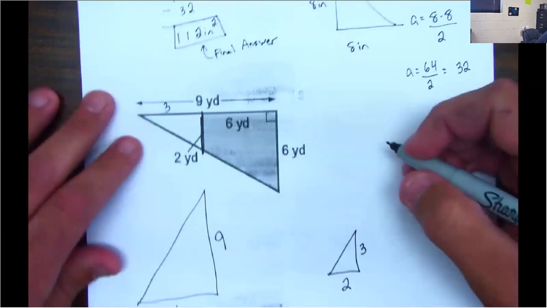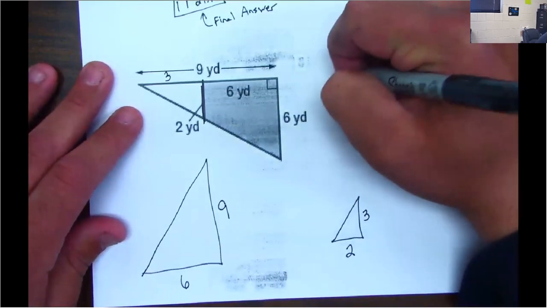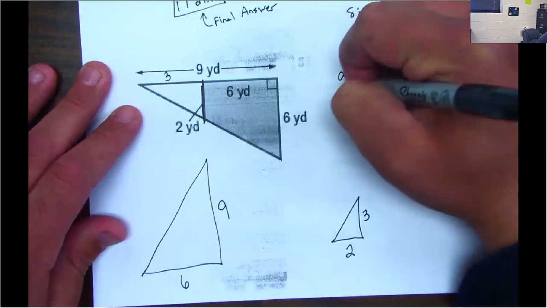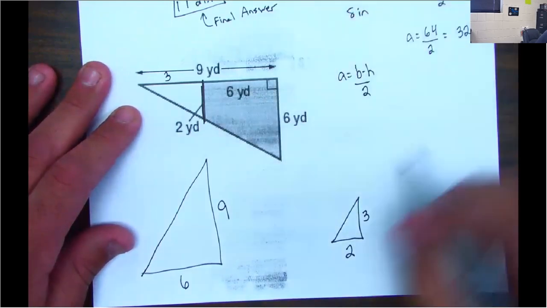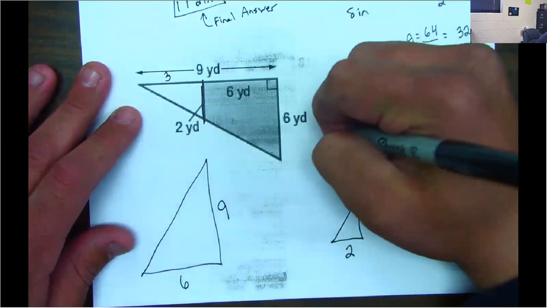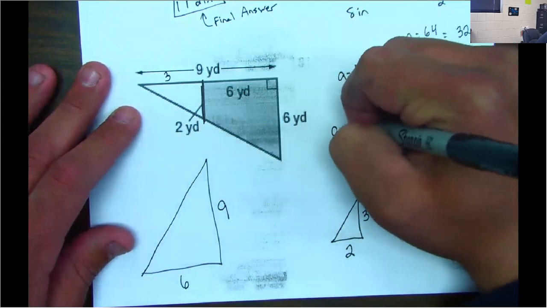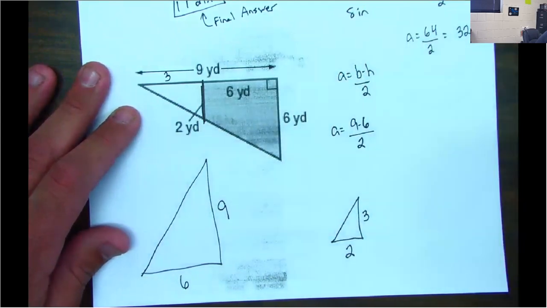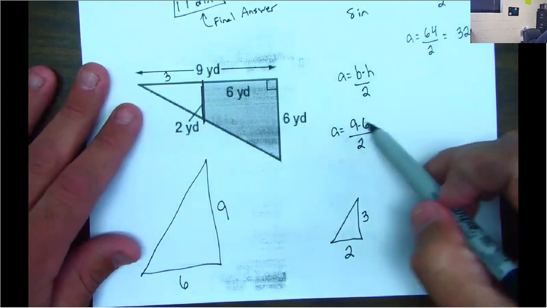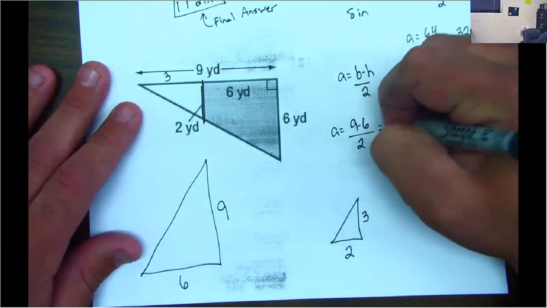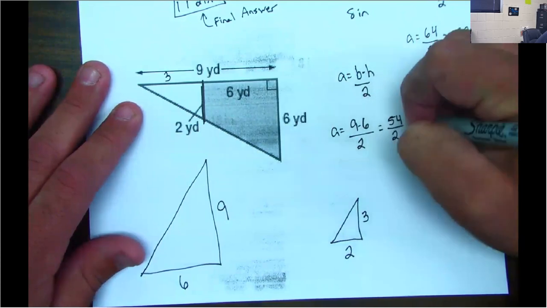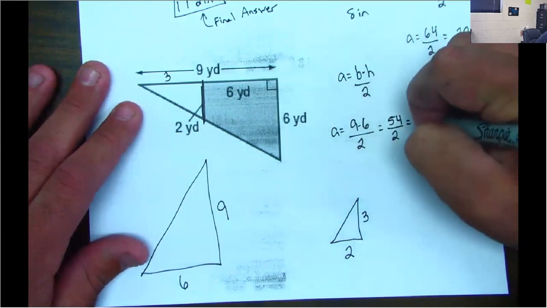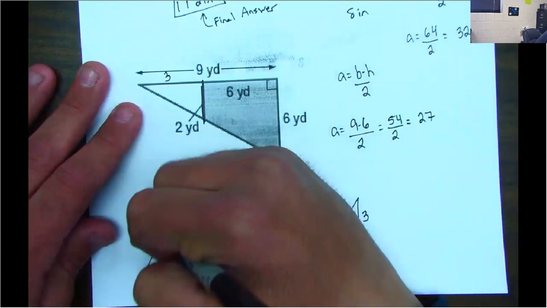All right. So again, the formula for a triangle: base times height divided by 2. So 9 times 6, and we're going to divide that by 2. Well, guys, 9 times 6 is 54. 54 divided by 2 is 27.